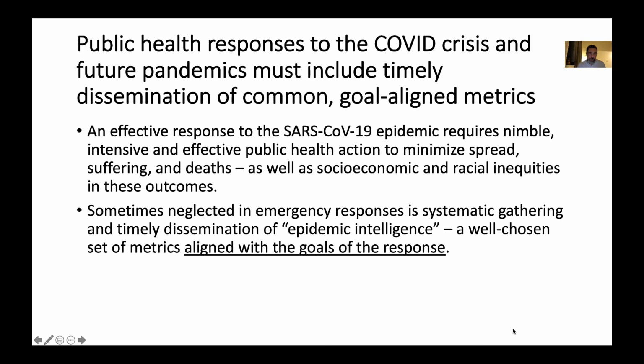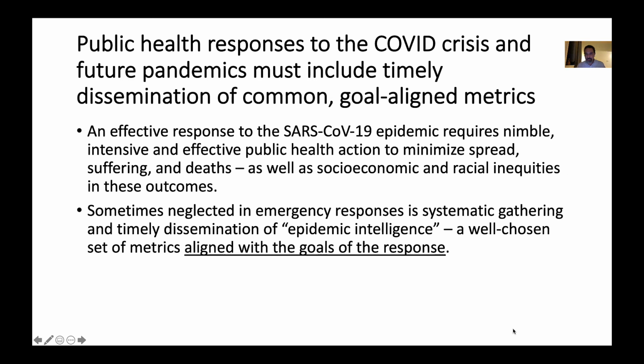But an effective response to a situation like this pandemic also requires good surveillance data, or what we refer to in this commentary as epidemic intelligence. So, good intel on your epidemic, so you know where it is and where it's going, so you can respond accordingly. However, what we were concerned about, and what we have seen in the past, is that sometimes this kind of thing is neglected in emergency responses.